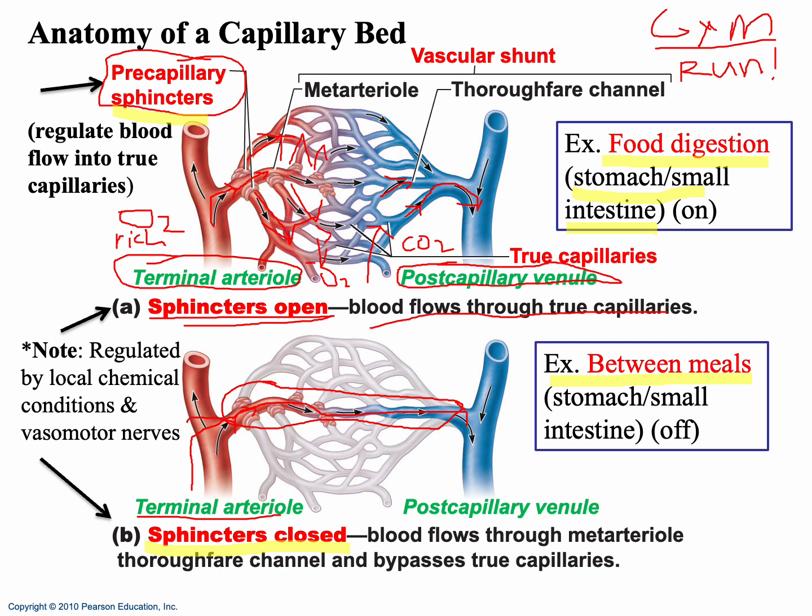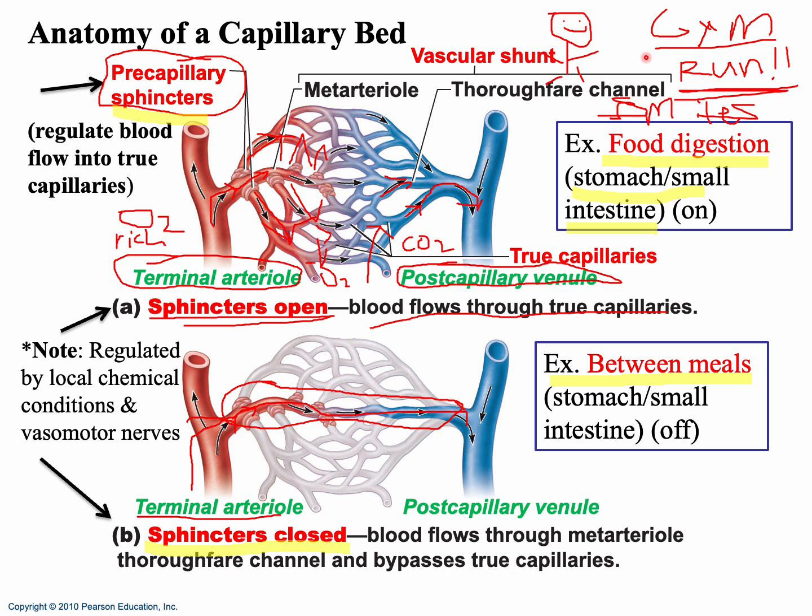They're going to go run 5 miles or something like that on the treadmill. You're going to need more blood flow going through the skeletal muscles and the heart. So the sphincters would be open and more blood flow going through the capillary bed here. More blood flow would be going through the skeletal muscles if you're working out in the gym and going for a run.